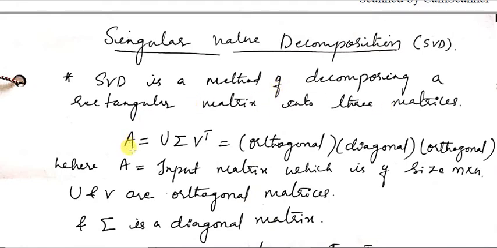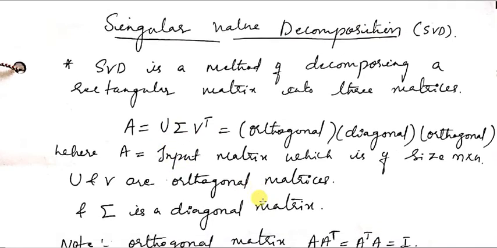That is, A is equal to the product of three matrices in the form U, sigma, V transpose, where A is the input matrix of order m cross n, U and V are orthogonal matrices, and sigma is a diagonal matrix.